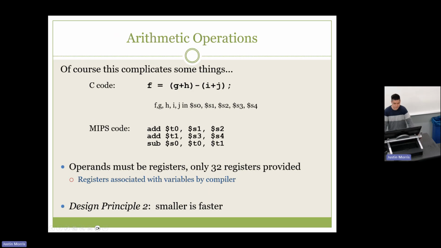So now we have G plus H in T0, I plus J in T1. And then to do the final operation, sub into S0 because F is S0, right? T0, T1, because this is T0 and then minus T1 into S0.